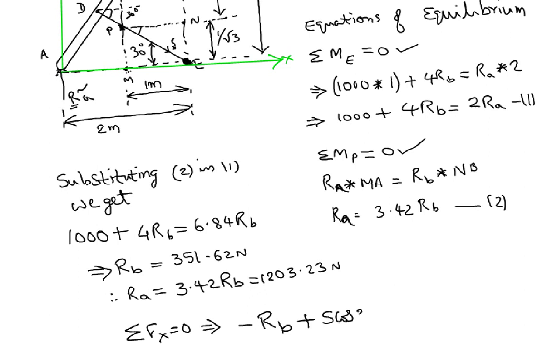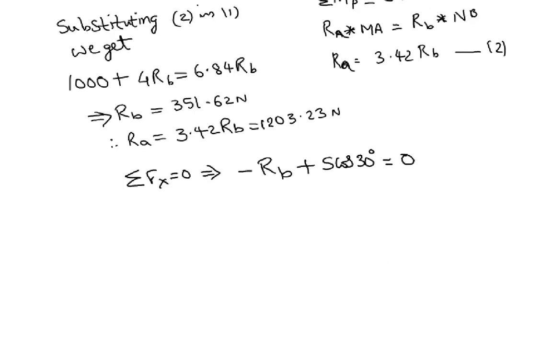S cos 30 degrees minus RB is equal to 0, which implies the force S comes out to be 406.02 newtons.